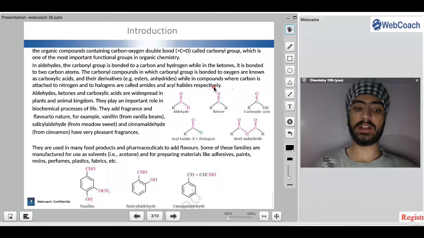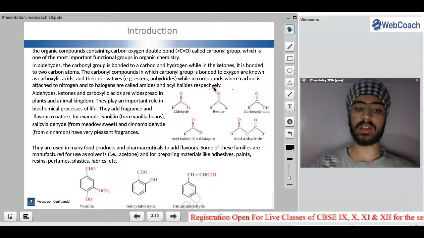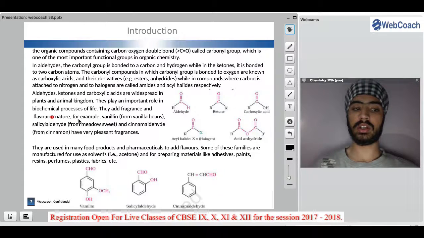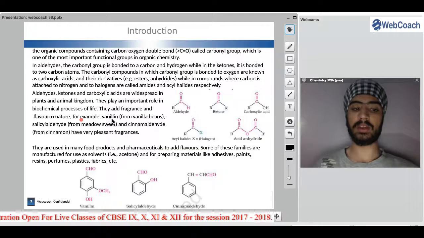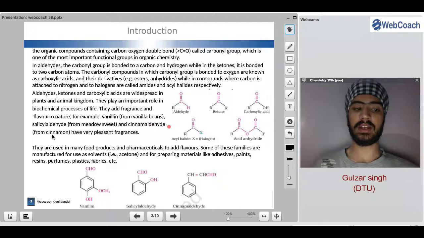Aldehydes, ketones and carboxylic acids are widespread in the plant and animal kingdom. They play an important role in the biochemical processes of life. They add fragrance and flavor to nature. For example, vanillin, which we get from vanilla beans, salicylaldehyde from meadowsweet, and cinnamaldehyde from cinnamon have very pleasant fragrances.